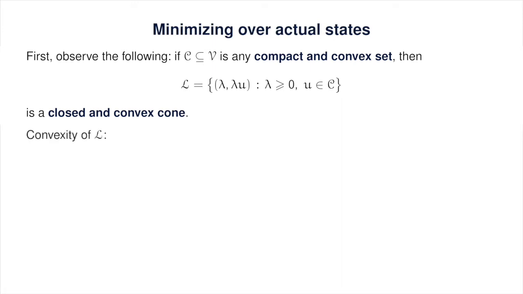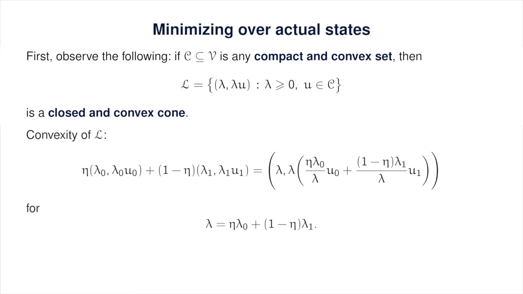Finally, the convexity of L can be verified as follows. Consider any 2 points in L, which here are distinguished by the subscripts 0 and 1, and take any convex combination of them. Averaging in the first coordinate indicates directly what the value of lambda has to be for the new point that results from taking the convex combination.